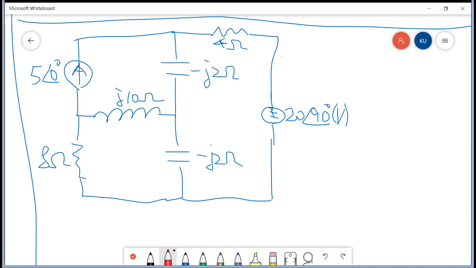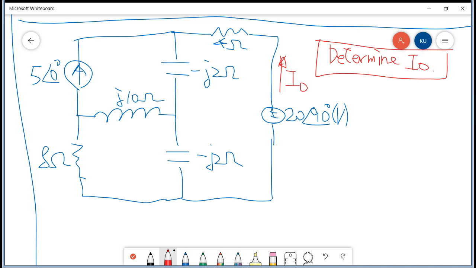So in this question, you're supposed to determine I0. But in this one, we may try to use the mesh analysis. So this is I1, this is I2.